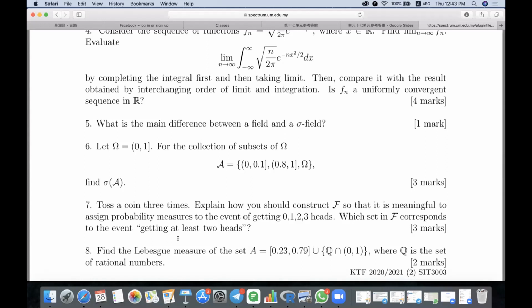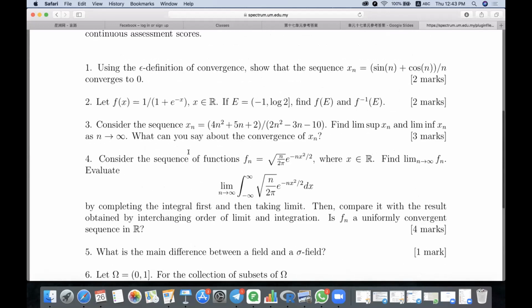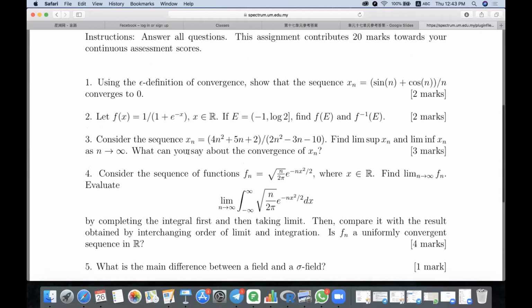So handwrite your solution, scan and submit as a PDF. You do not have to copy the questions. I noticed that some students copy the questions. Just write down the solution: 1 is what, 2 is what, 3 is what, and so on.